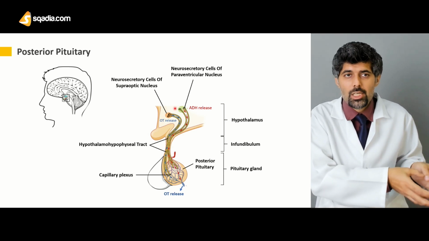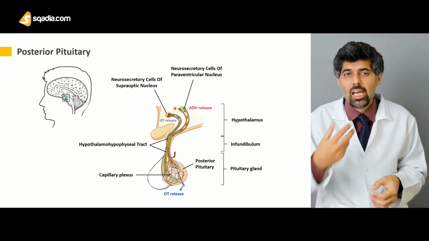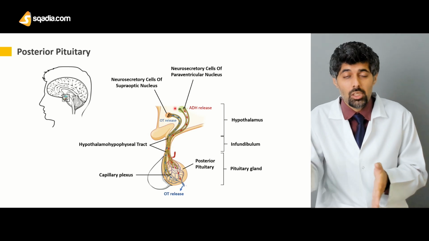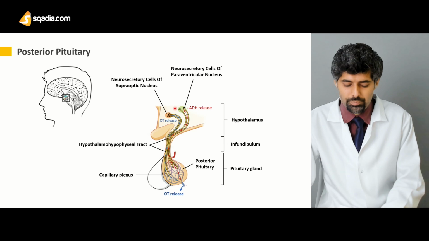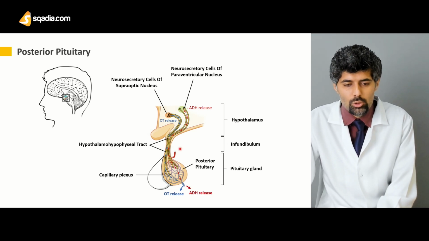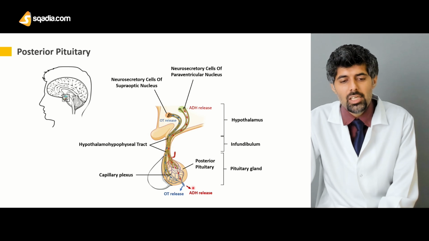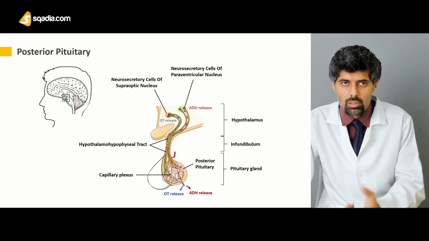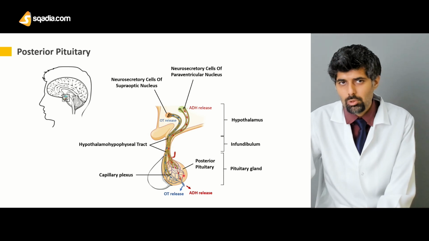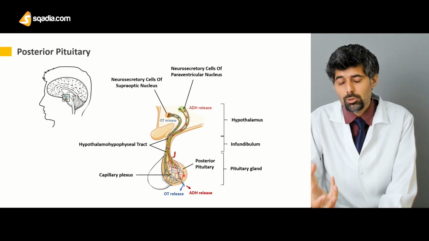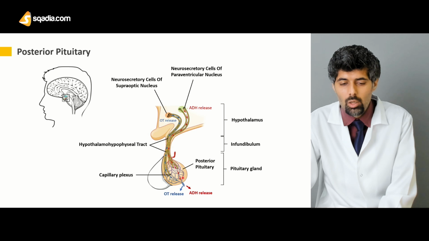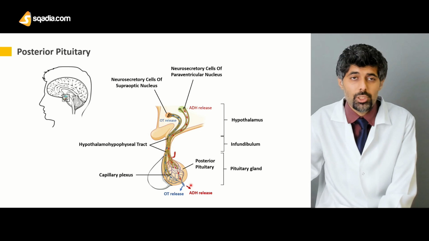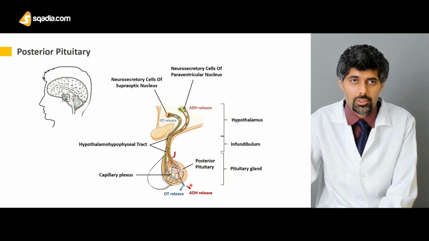With the effect of ADH, the concentration of the urine can be achieved because the amount of water present in the urine is reduced. Both the oxytocin and the ADH are sent into the vascular bed, collected through the sinusoids, and then released by this one singular hypophyseal branch of the posterior lobe of the pituitary gland.